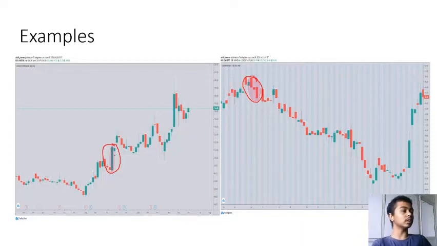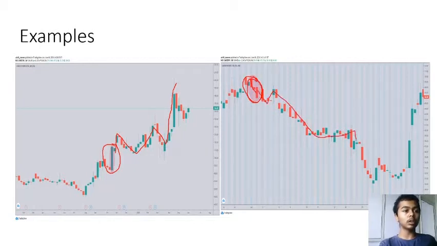As you can see over here, the bullishness has continued and it has gone up eventually, and over here the bearish Marubozu, there are three continuous candles, and as we see it has fallen over a period of time. So this is how you can pick trades, but I don't just use candlesticks. I use many other things which we'll cover in later videos. So those are the examples of Marubozu candles.